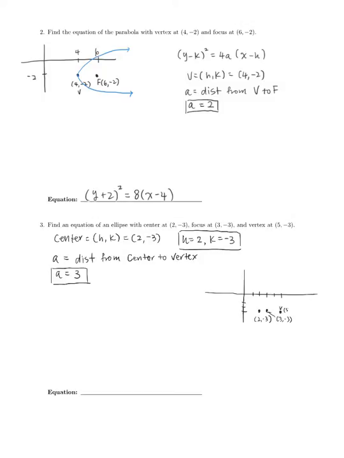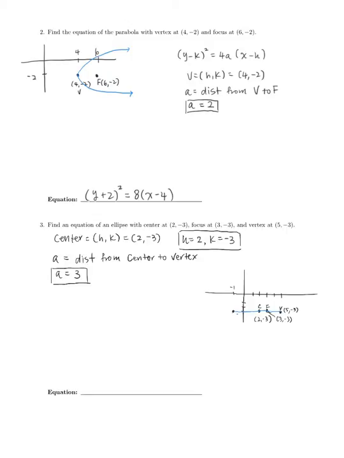So that's the vertex, and this is the focus, and this is going to be the center. So again, as I mentioned, the major axis is going to be parallel to the x-axis. Now since that's the center and that's the vertex over there, maybe it's going to go to negative 1 up in here. So it looks like this is going to be the longer axis. All right, so now let's keep going.